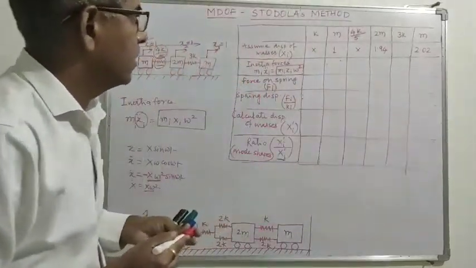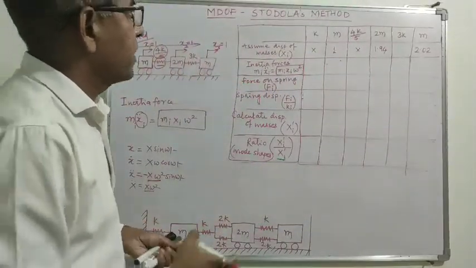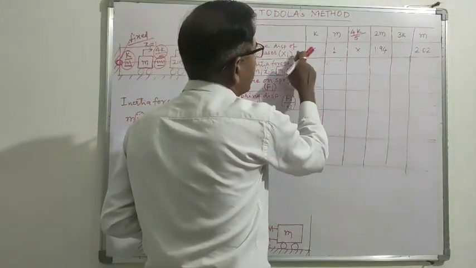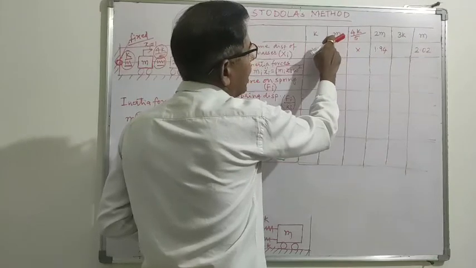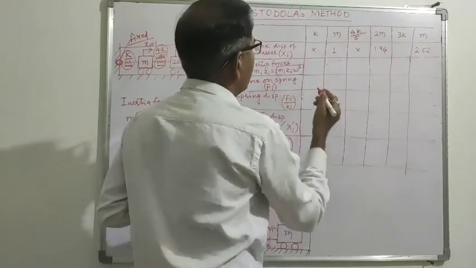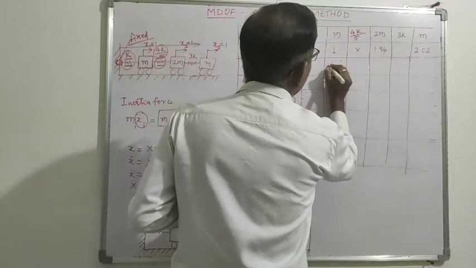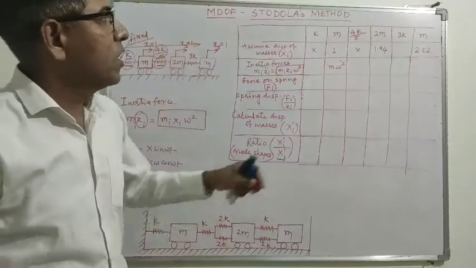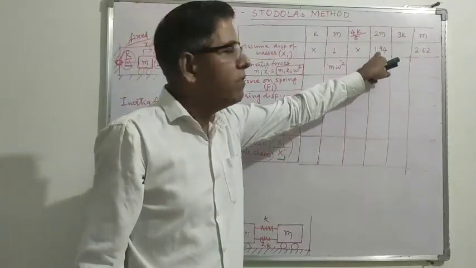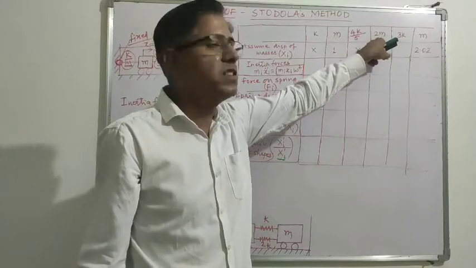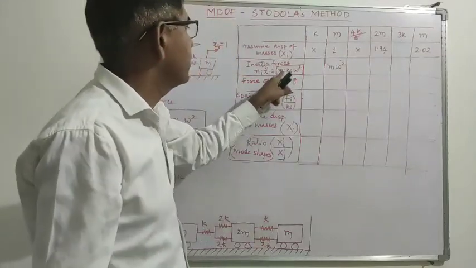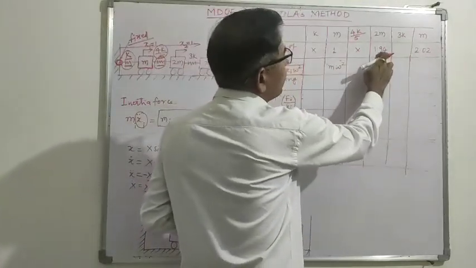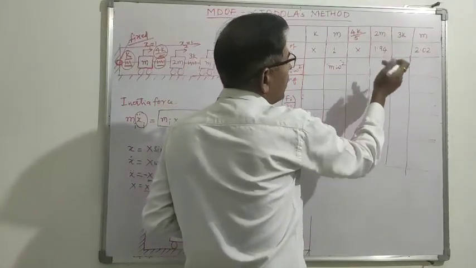Okay. Now the inertia forces. Here the value of the displacement is 1 and the value of mass is m, so the inertia force will be m omega square. Now here the value of displacement is 1.94 and the mass is 2m, so the inertia force m x omega square will be 2 into 1.94 into m omega square.